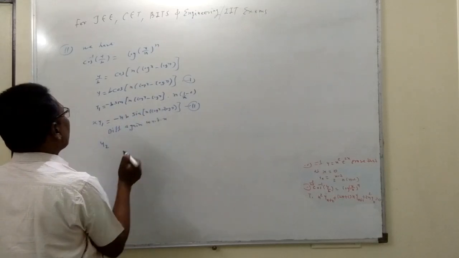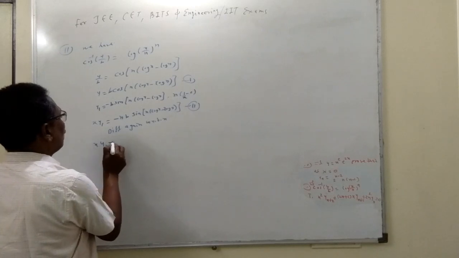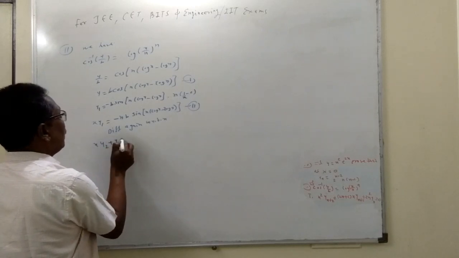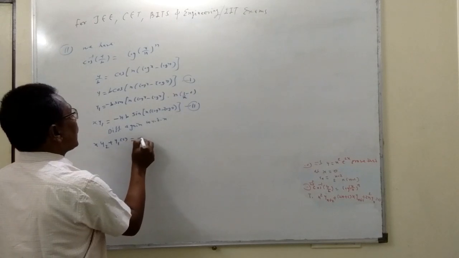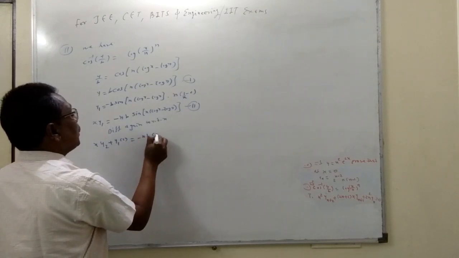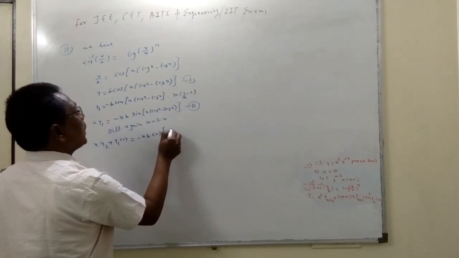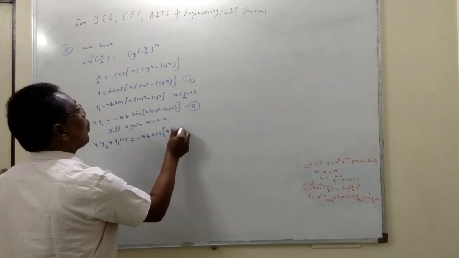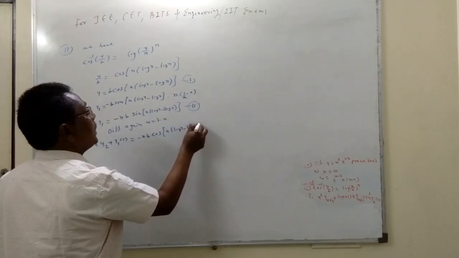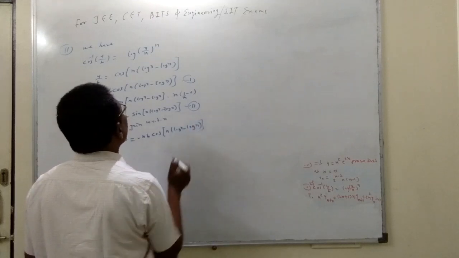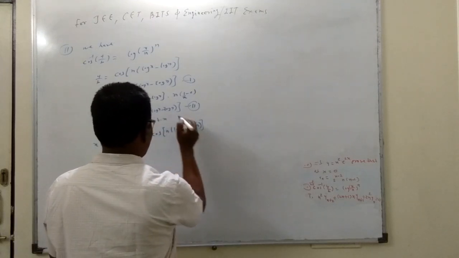Okay. Differentiate again with this. So x y2 plus y1, derivative of x is 1, is equal to minus nb, derivative of sin is cos, into n(log x minus log a) into derivative of this n.